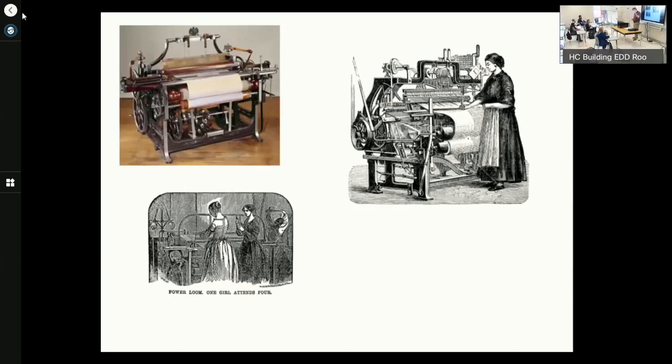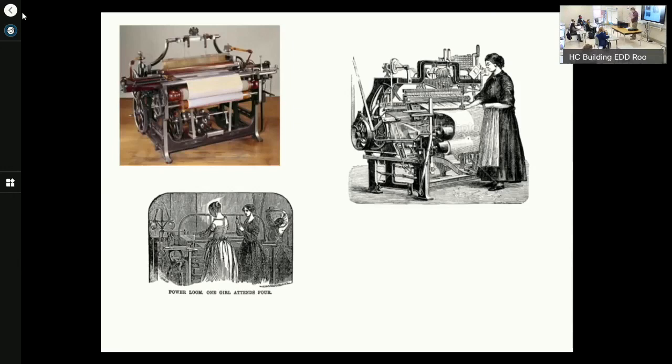Short staple cotton has a shorter fiber, and it's a little bit more coarse. It's what you're wearing right now. And you can grow it pretty much everywhere east of central Texas and south of the Ohio River.